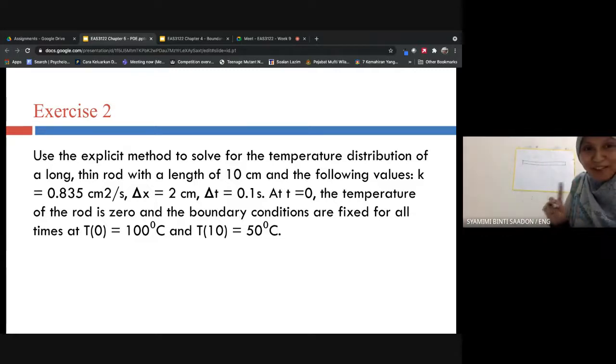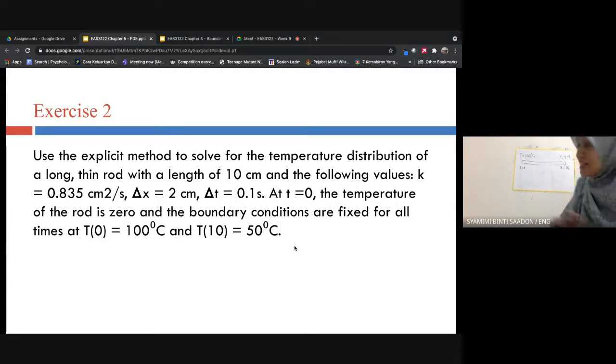Okay, what does it mean here? So this is x0, T0, 100 degrees Celsius. So x10, T10, 50 degrees Celsius. And at the same time, we know that the temperature of the rod is 0 at t0 seconds.